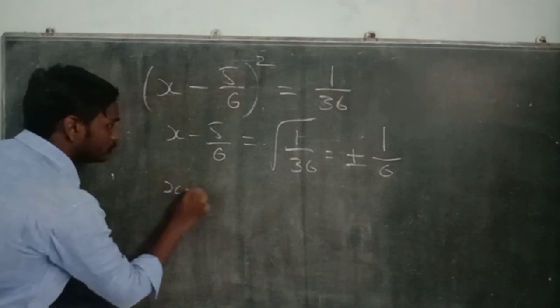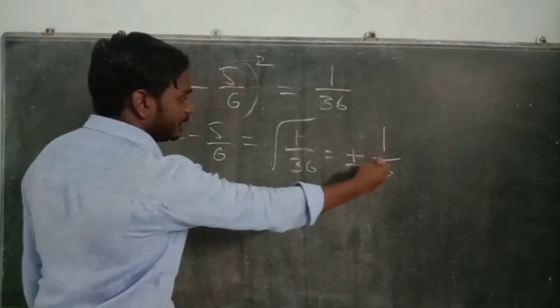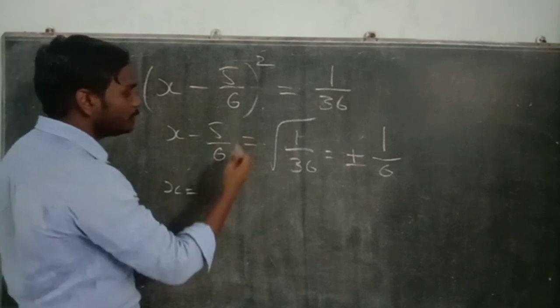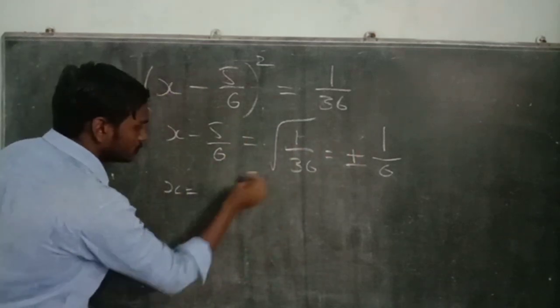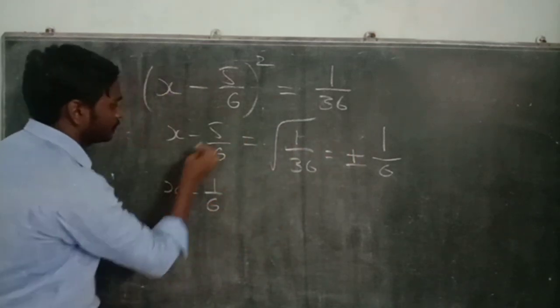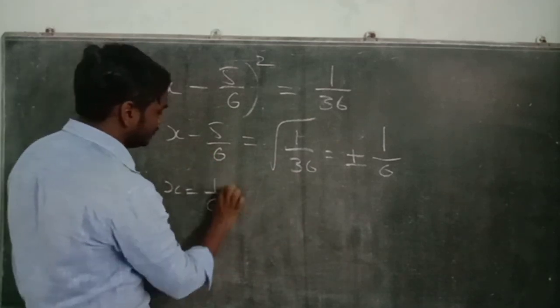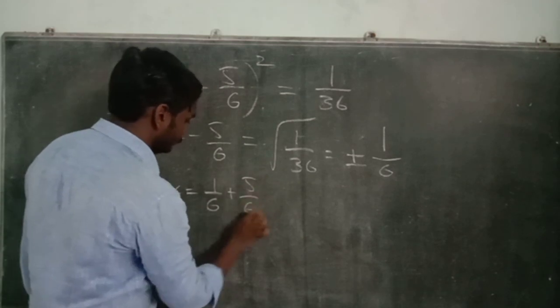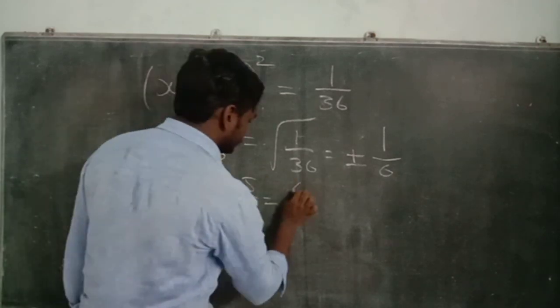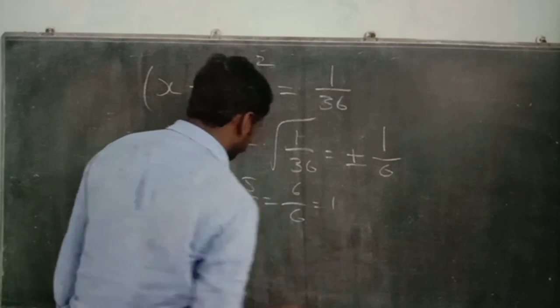So x is equal to, let me take plus 1 by 6 in one term and minus 1 by 6 in the other term. I will get 1 by 6 plus 5 by 6, since when it is changed to the RHS we get plus, and that is 6 by 6, which is nothing but 1.